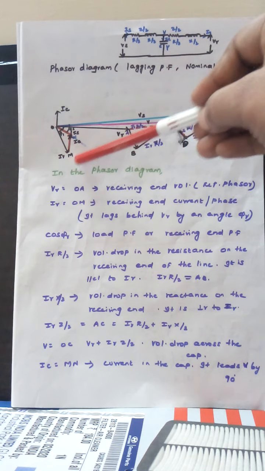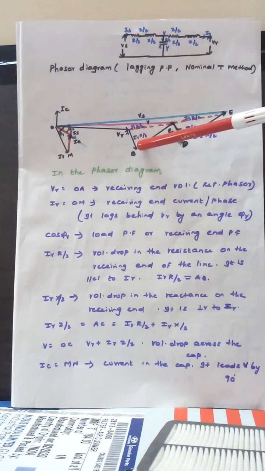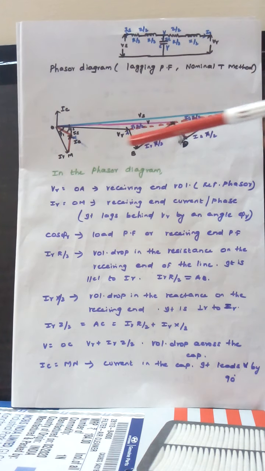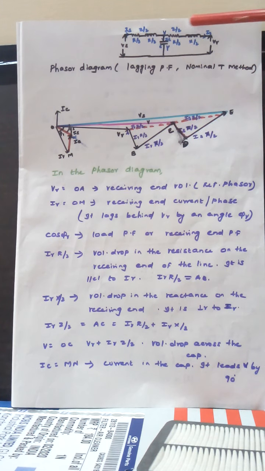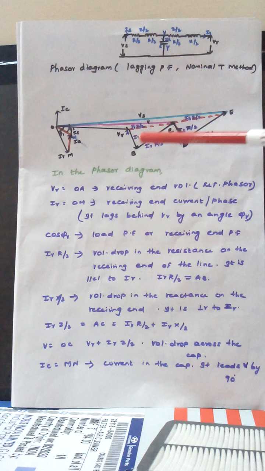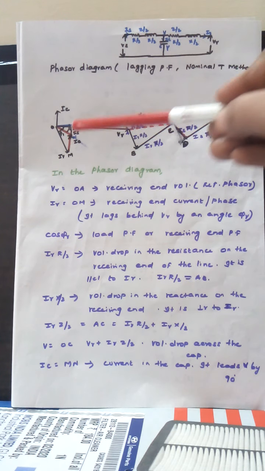So we have to draw a line parallel to IR. If you draw a line parallel to this, this is your IR into R by 2, which is represented by the phasor AB. And next we have to draw IR into X by 2. That is your voltage drop in the reactance on the receiving end side. So on the receiving end side, this is the reactance drop.